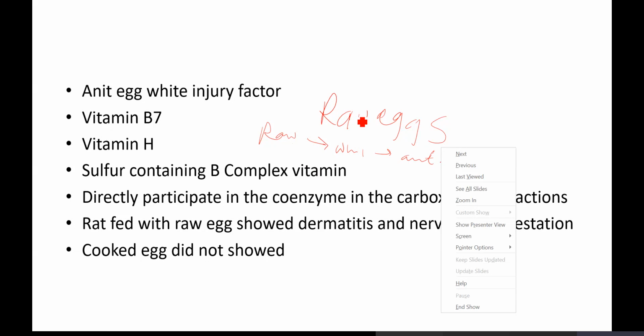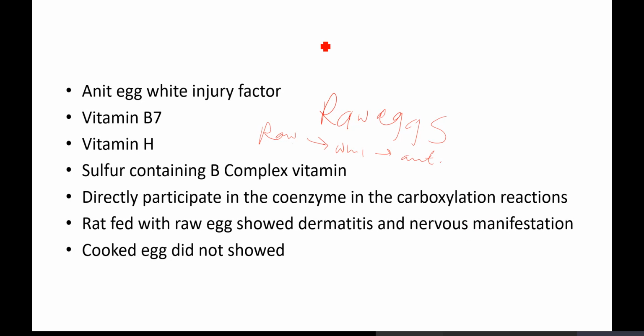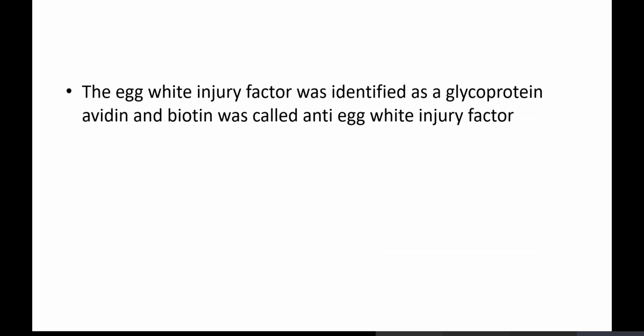So the egg white injury factor was identified as a glycoprotein, avidin. You must have heard about avidin. Therefore, biotin is also called the anti-egg white injury factor, because the identified factor was avidin and biotin.